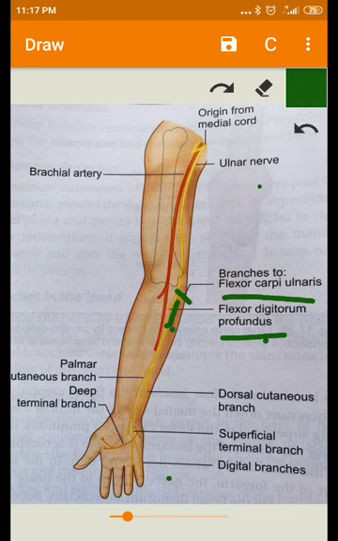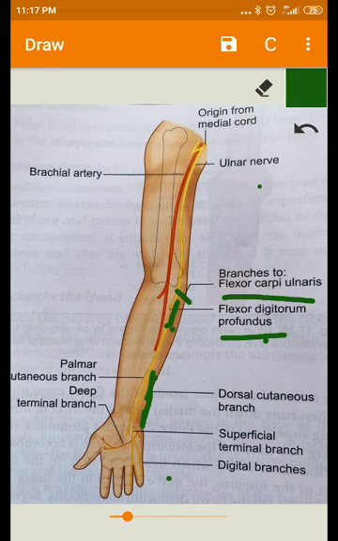And coming to the dorsal cutaneous branch. The dorsal cutaneous branch is the larger of the two cutaneous branches, which arises from the ulnar nerve a little above the wrist joint.